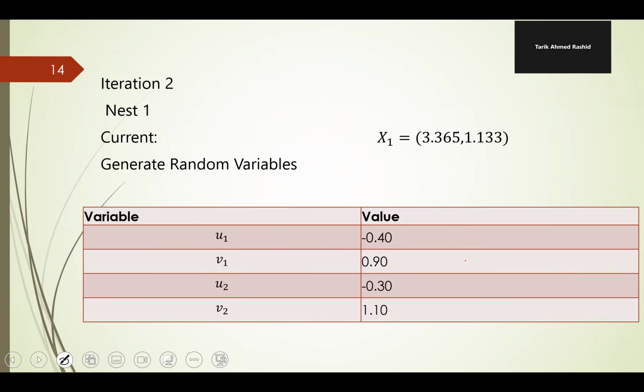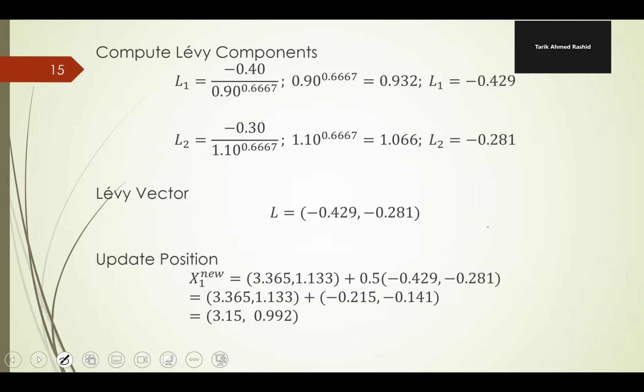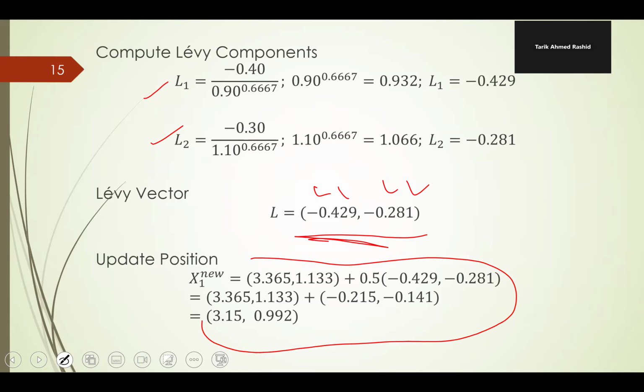In the next iteration, again for X1, we will find L1 and L2 likewise. And this is how we find L1 and L2. Then once we find L1 and L2, plug them into the fitness function, which is x1 square plus x2 square. We plug them, and that's the result.